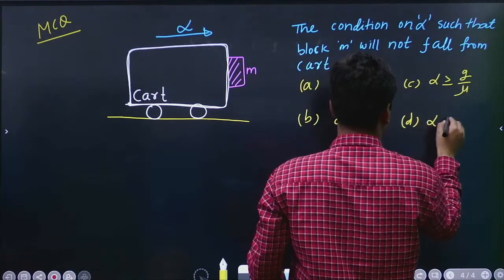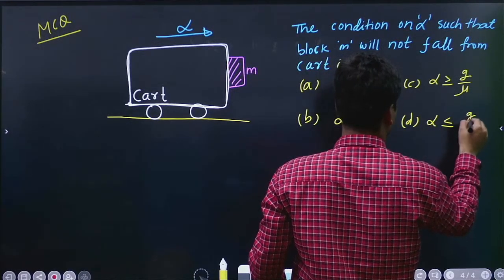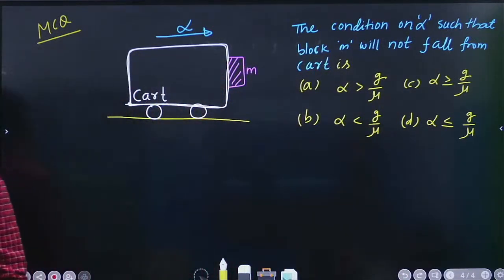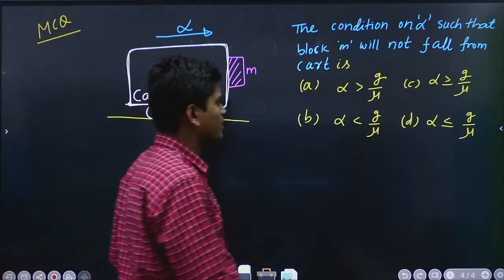Option D: alpha less than or equal to g by mu. This type of conditions are given. Yes or no? Did you understand the question? Okay.